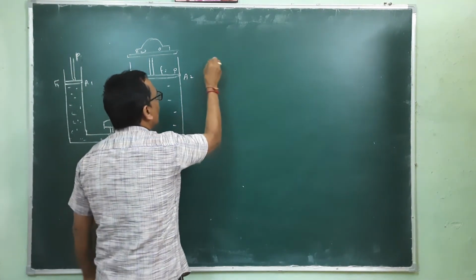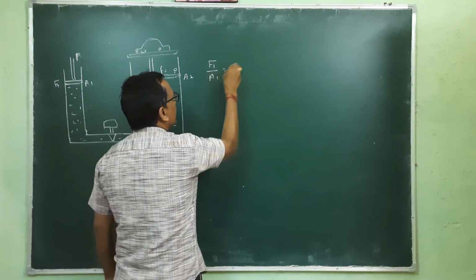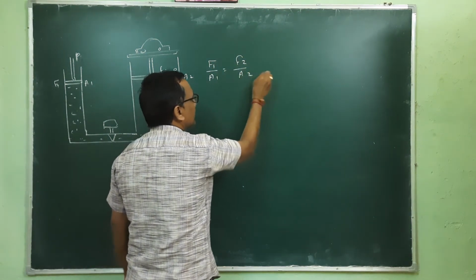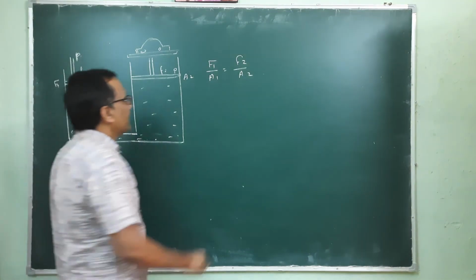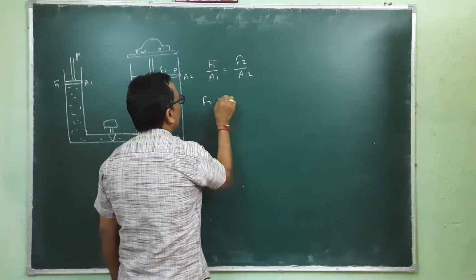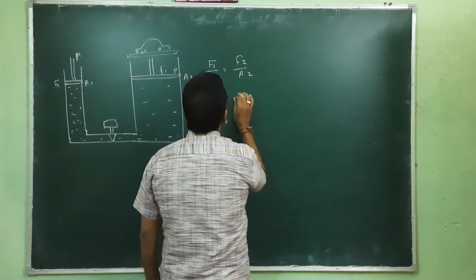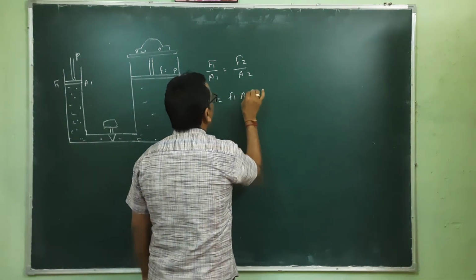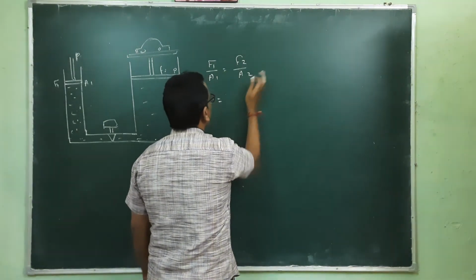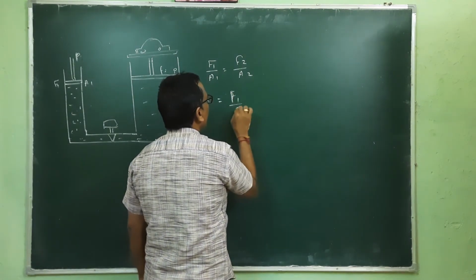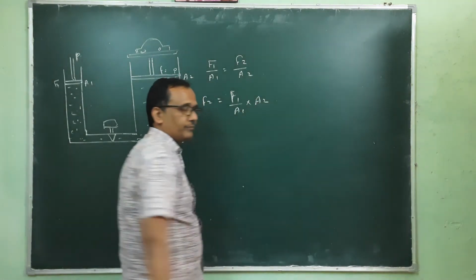So F1 by A1 is equivalent to F2 by A2, because pressure is identical at both points. So F2 is equal to F1 by A1 multiplied by A2.